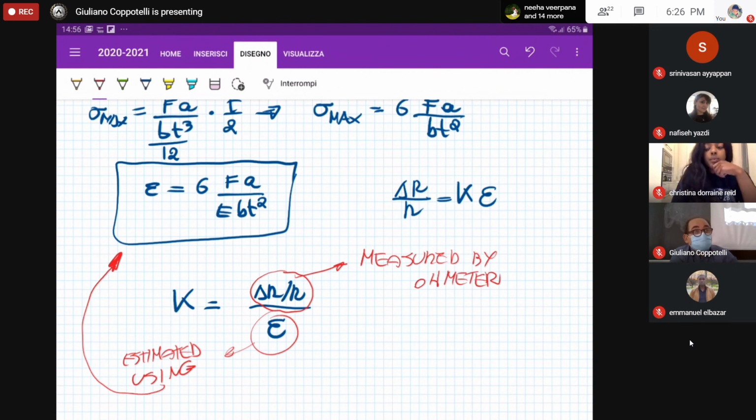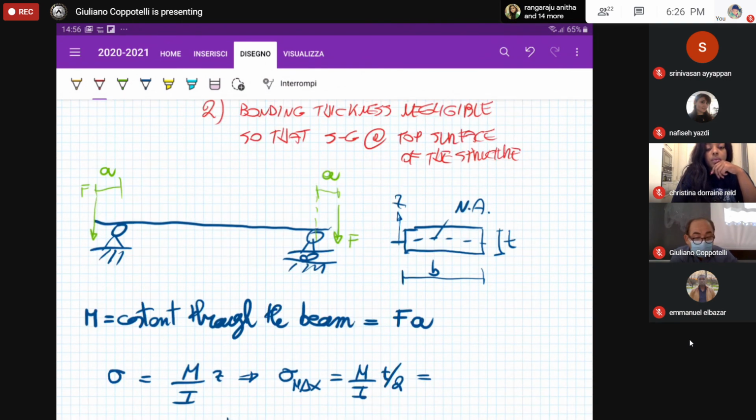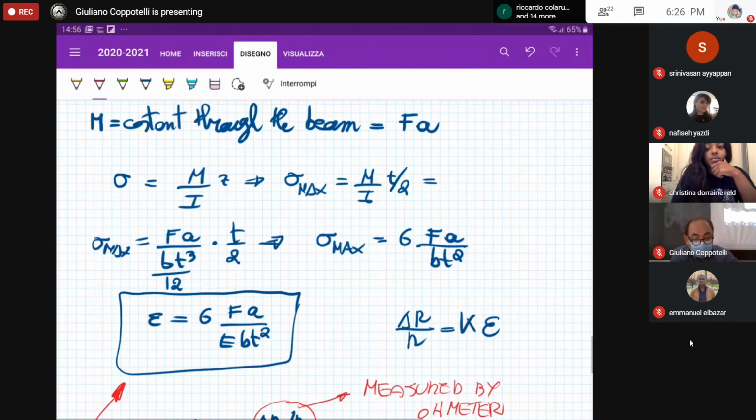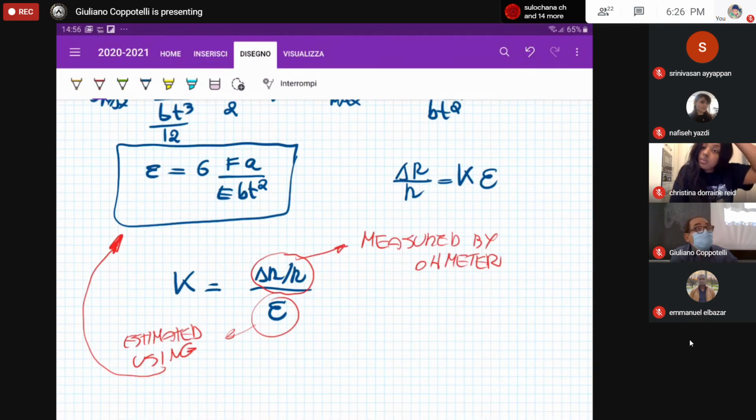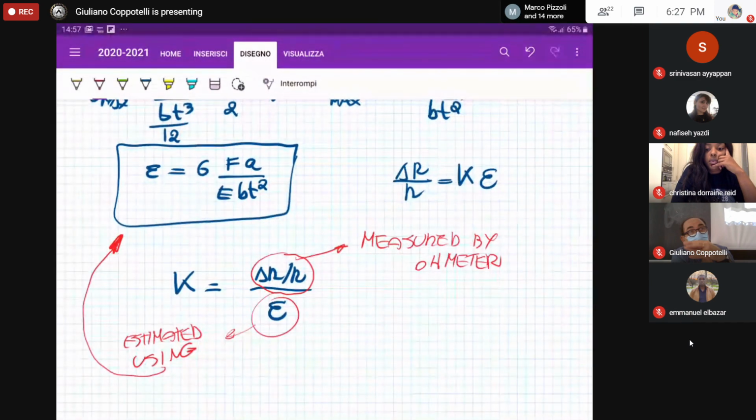You'll find out that by changing the loading F, you will have different values of the strain, but also correspondingly different values of the change of resistance, so that the K value is a constant one, up to, let's say, some thousand microstrain, so 3,000-4,000, no more than that. Okay.